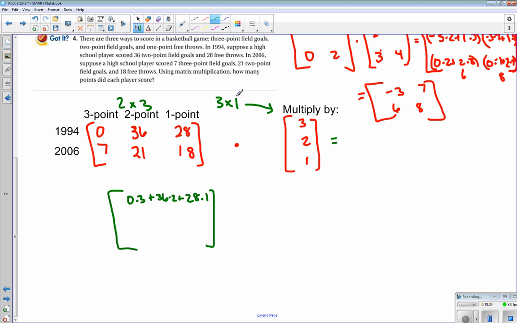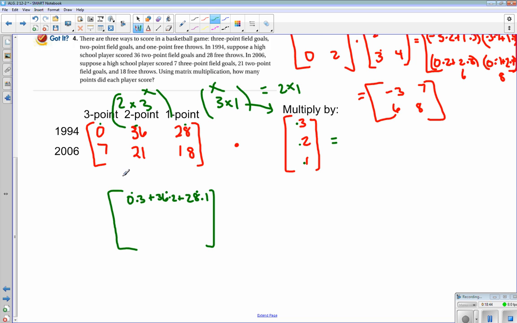And when we multiply them together, this one cancels out, and we should get a 2 by 1 matrix. So it's going to go 0 times 3, boom. 36 times 2, boom. 28 times 1, boom.